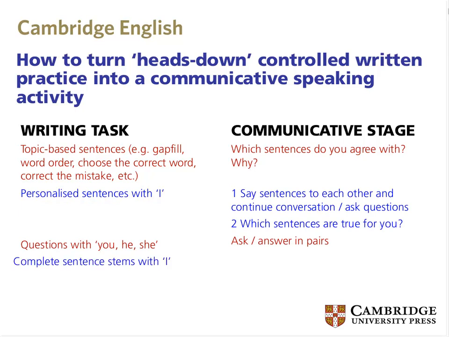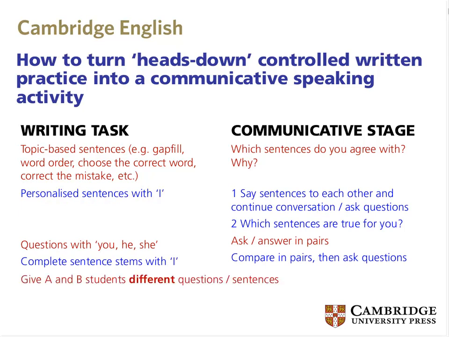Also, if you give them sentence stems with I, like with the infinitive of purpose, I need some money, they can complete the sentences, compare in pairs, then ask questions. And if you give A and B students different questions or sentences, it makes it more interesting to ask and answer in pairs in the communicative stage.